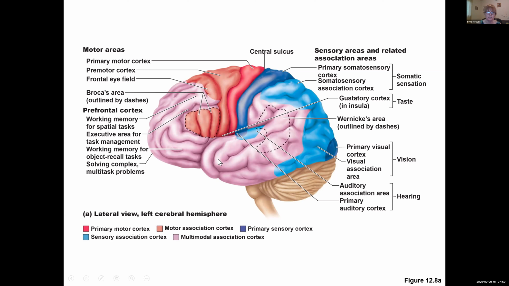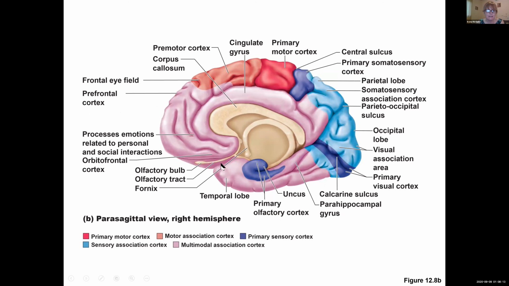And this pinkish area is called the multimodal association cortex, which is involved in different types of sensation and movement, a more complicated part of your consciousness. Here is a parasagittal view, where you can also see these different parts of the cortex that we just discussed.